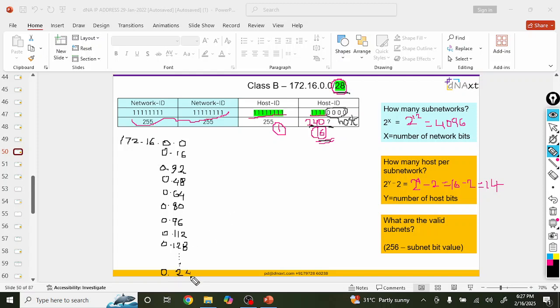Okay. When you add 16 to this it becomes 256, which is not a valid IP address.